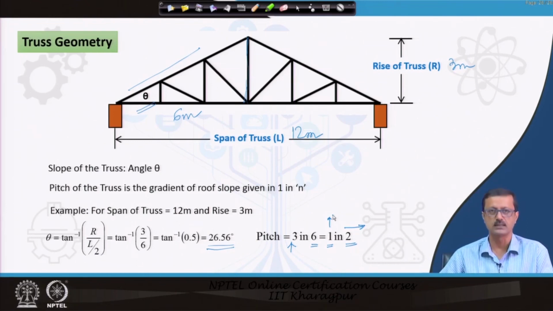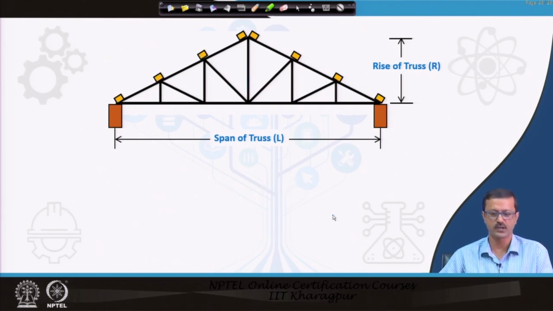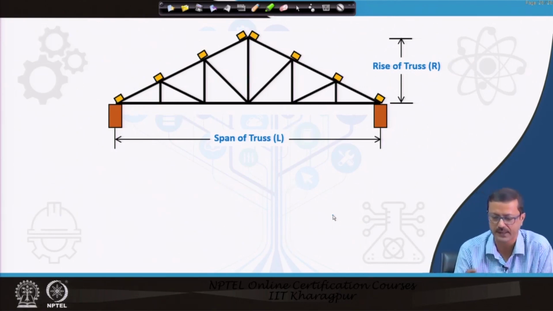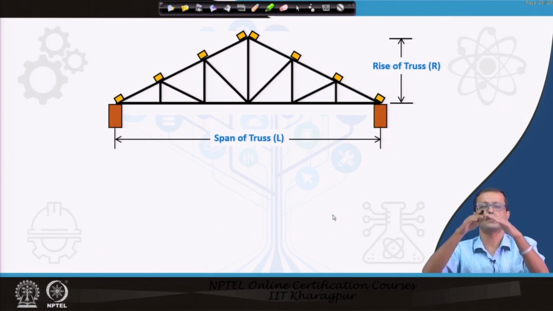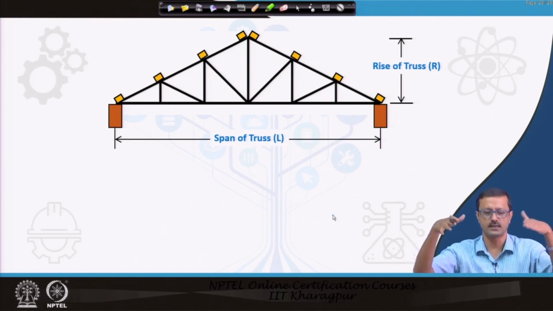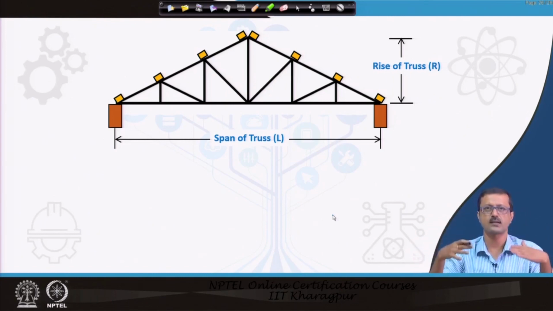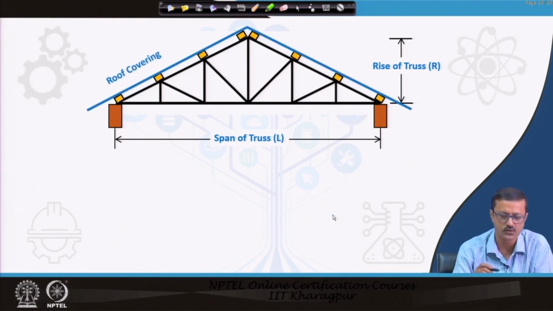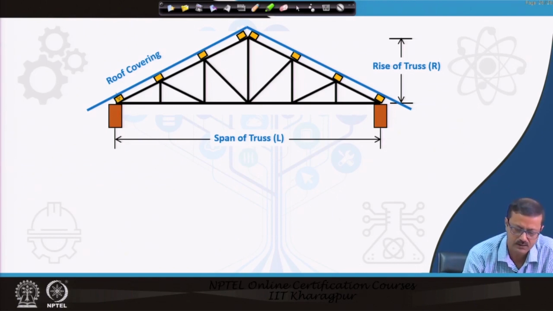So, that is the geometry. Any truss is the internal skeleton of the structural system, but we have to put some roof over there, right. So, the roof is placed on purlins, which are the members actually connecting the roof to the truss.